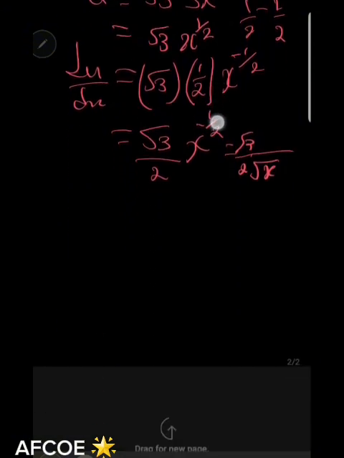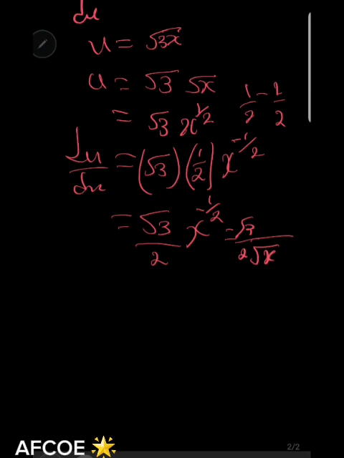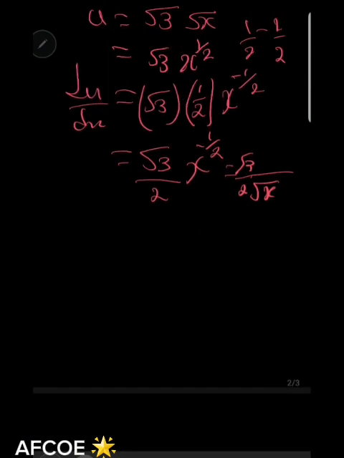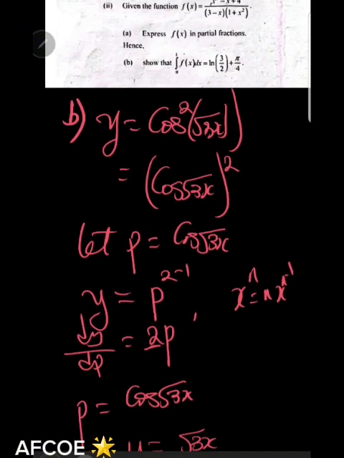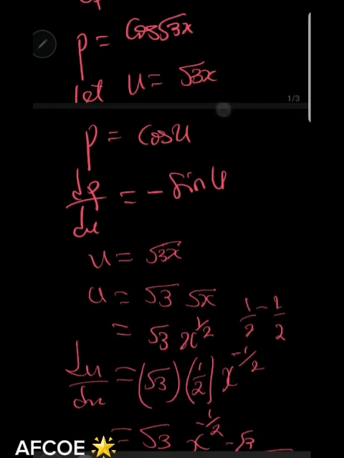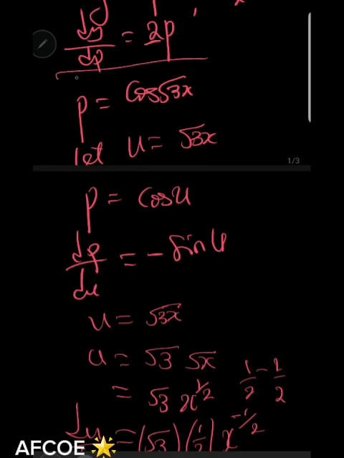Now the next thing you do is simply to combine all that we have, all our derivatives, to get the derivative of y with respect to x. So now we'll be having dy/dx equal to... how are we going to combine it now? That is the question. We first found dy/dp. That is the first point where we differentiated here.